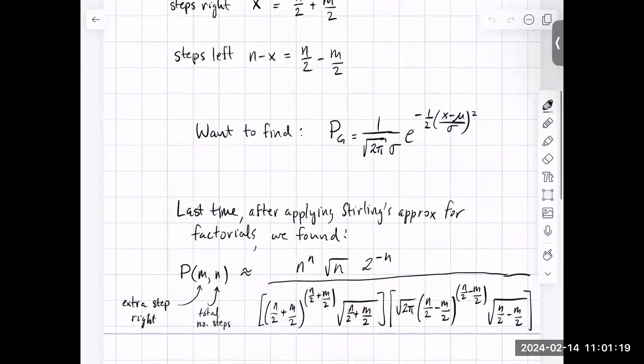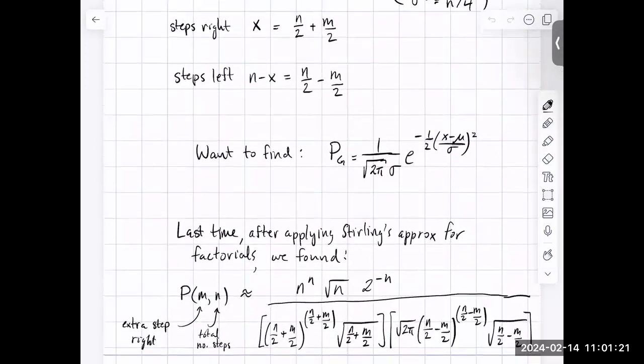And what we're trying to do is, believe it or not, recover this kind of result. The way we were going to do it is write down the binomial distribution where for x, we use n/2 plus m/2, and for n minus x, we use n/2 minus m/2.